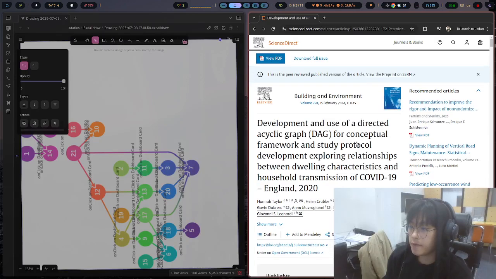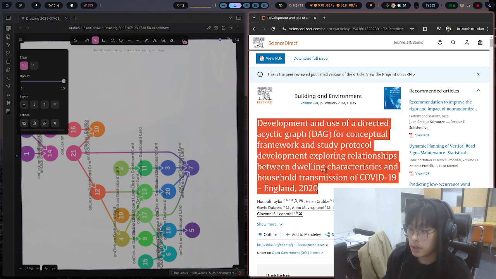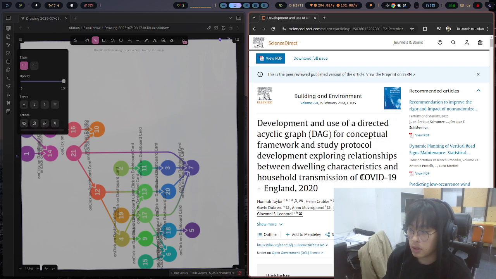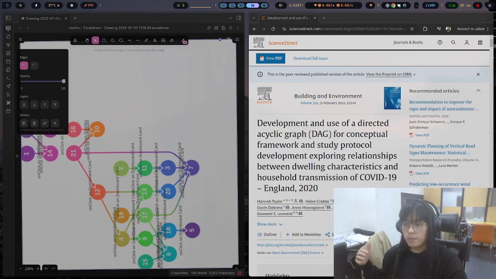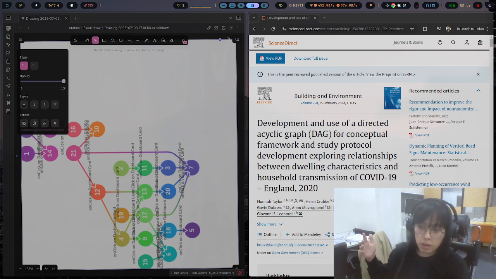Even not in the software engineering part, even in epidemiology, they use DAG to check hypotheses of relationships. For example, to find the reason for COVID-19, it could be not washing hands frequently, or not wearing a mask, could be correlated with the reason for COVID infection.